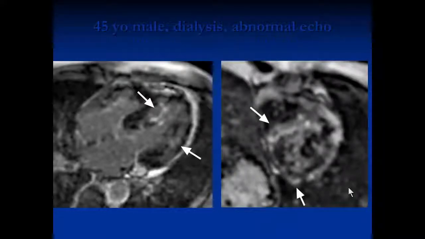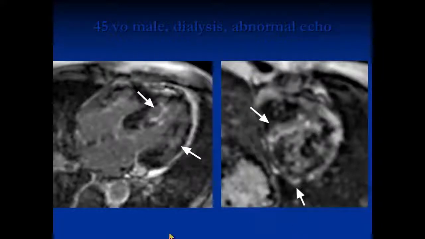And for you, doing the imaging, what's going to be the flag? The flag for amyloidosis should be that you did everything right and the image is atrocious. If you did everything right, the delayed enhancement, and the image looks like this, think amyloidosis, because a lot of times that's what it is.